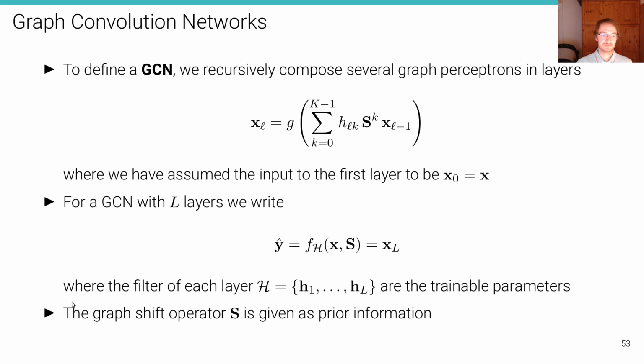And again, I mention this multiple times because it's important, the graph shift operator s is given as prior information to the model, and that is encoding the graph structure.